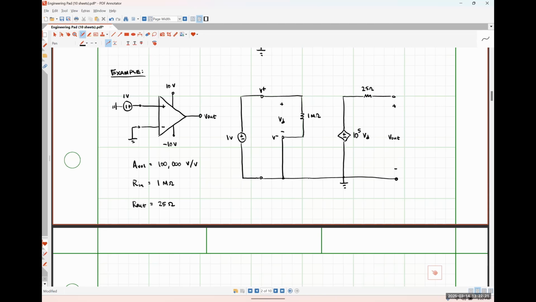Before we perform our circuit analysis here, does anybody have any questions about how I redrew our circuit using the practical op-amp model?